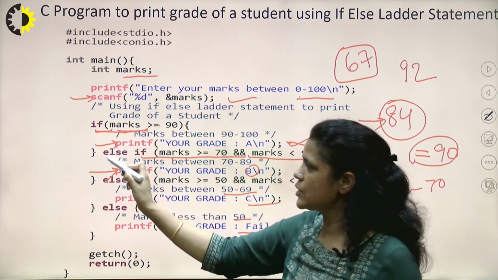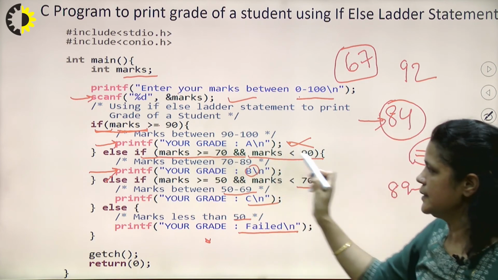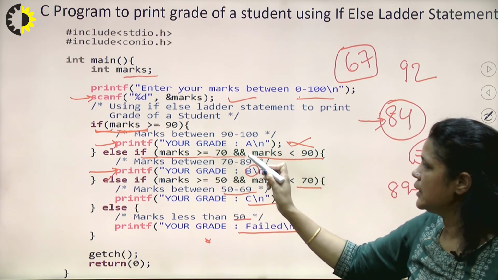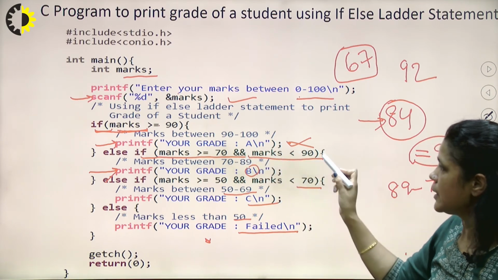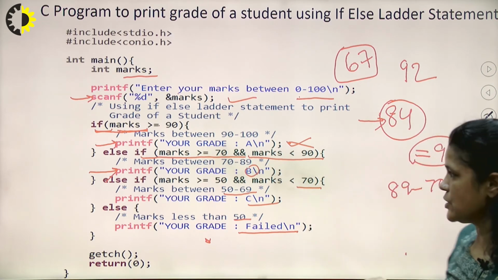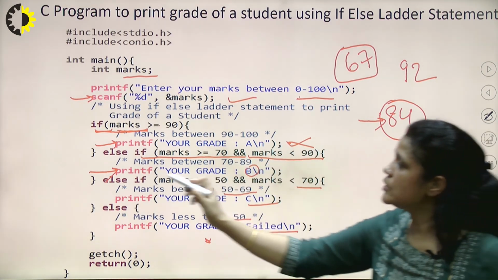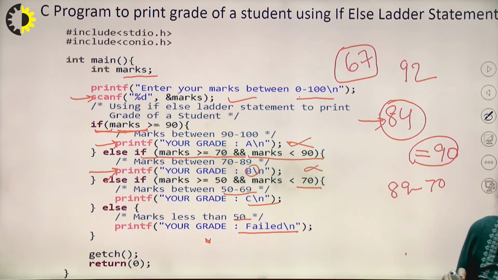And then compiler's control will come here in the else part. Again, the next condition will be checked. The next condition is marks greater than equal to 70 and logical and marks less than 90. So only if both conditions are true will we say that the condition is true. So both conditions are false. So this printf statement will not work this time, right?